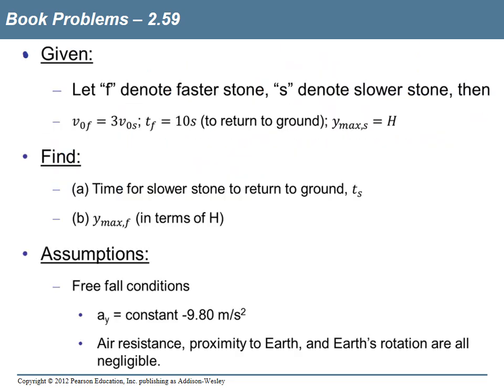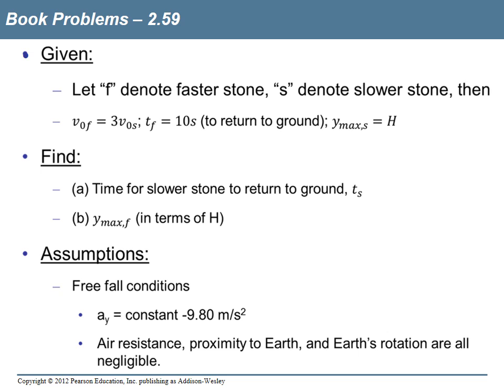So again, we let F denote the faster stone and S denote the slower stone. We're going to have a ton of subscripts in this class, so we have to get used to using those to help organize our many word problems into mathematical form.